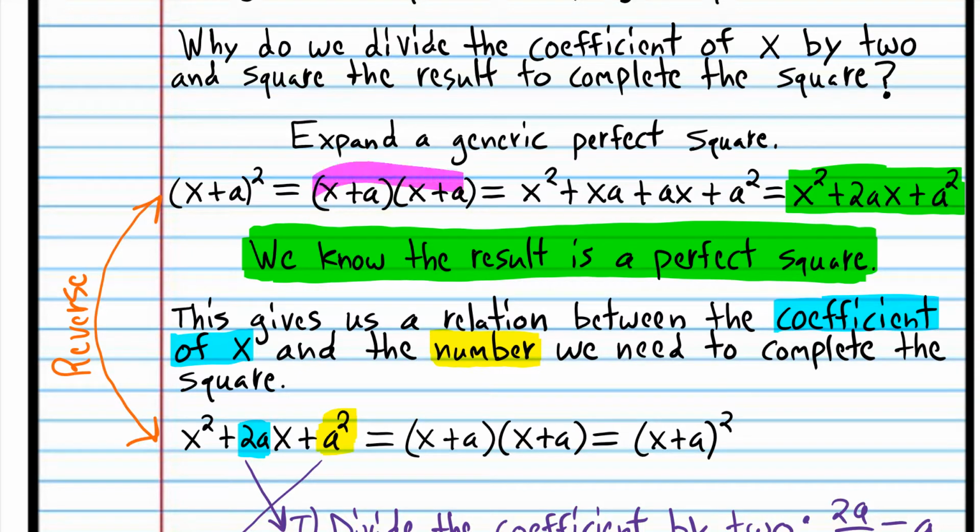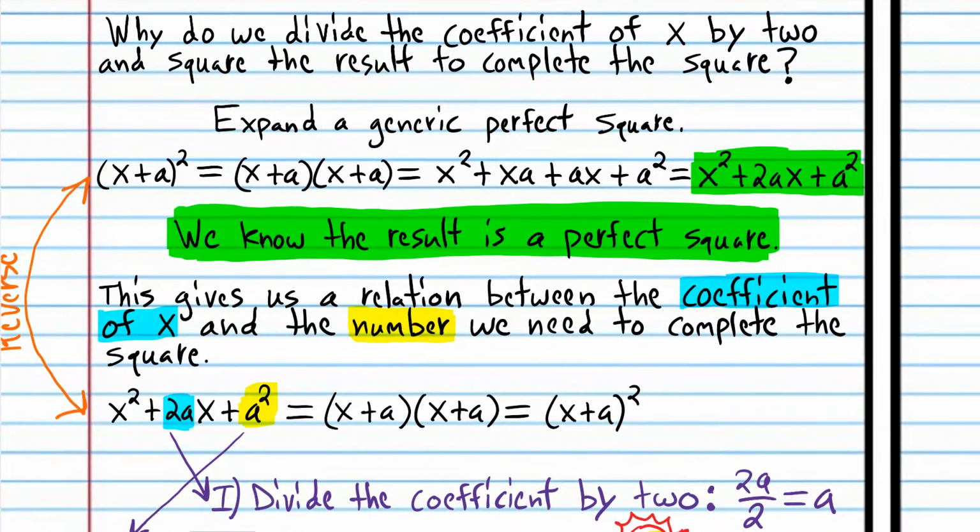Then we're going to use FOIL, like we did in previous classes. To get this, we have F, O, I, and L of FOIL. Notice the inner two terms are like terms. It doesn't matter if they're in the wrong order because the commutative rule of multiplication says that they're the same thing. So we add those two up and we get 2ax over here.